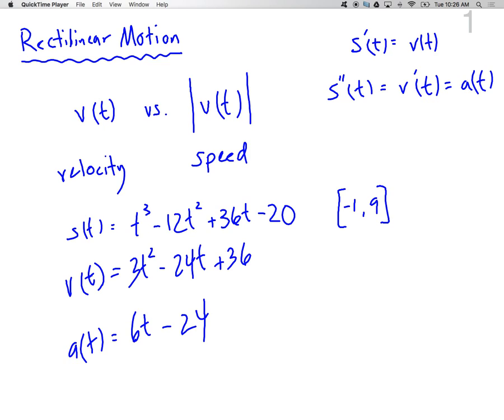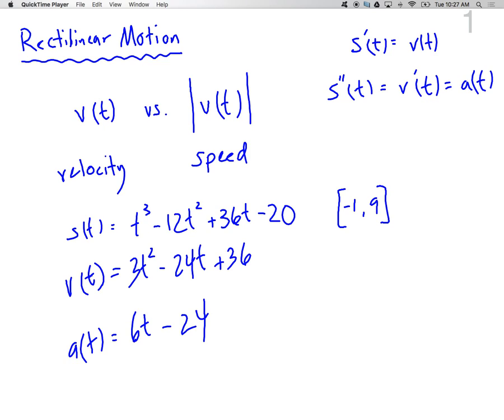Okay, so what do we care about? We care about where the velocity is equal to 0. Why? It's changing directions. Good. It's the point where it changes direction. So the velocity slows down, reaches 0, comes back the other way.